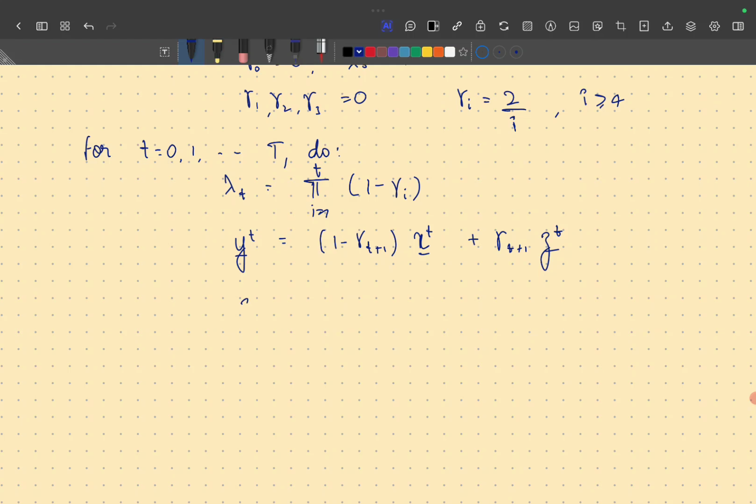So zt plus 1 is going to be equal to gradient R inverse of gradient R of zt minus gamma t divided by lambda t.